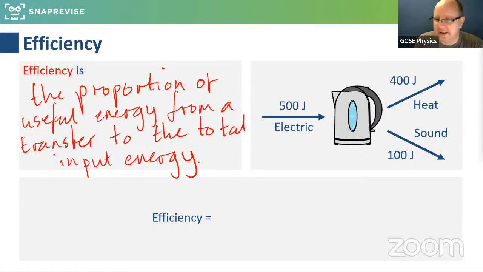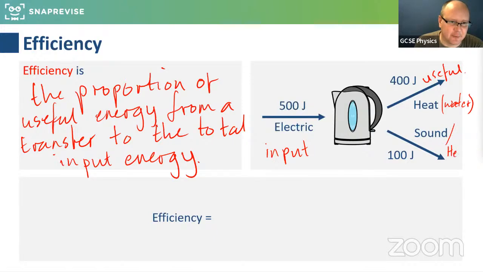So in the case of our kettle here, we've got 500 joules of electrical energy going in. So that's our input transferred into it. And then we've got some useful energy coming out. The useful energy is going to be the heat of the water. So that is useful. And then we'll have some wasted sound and heat through the body.